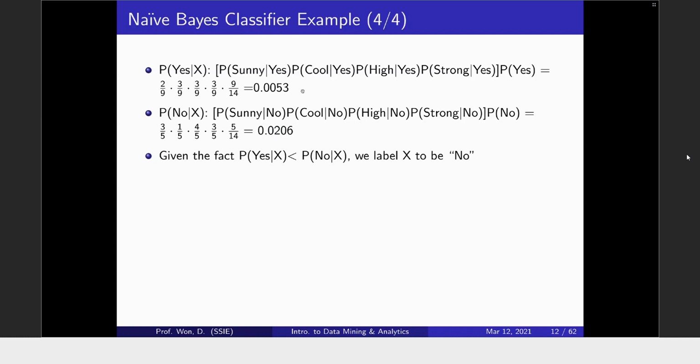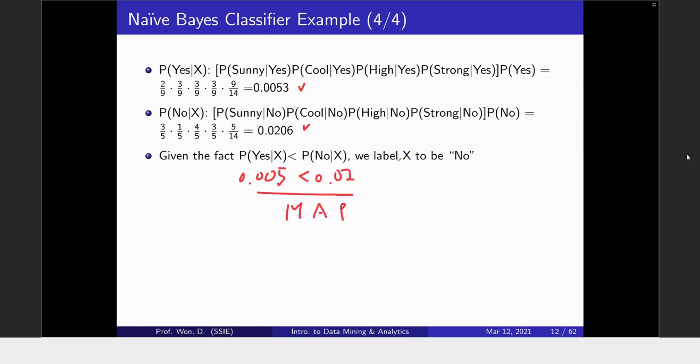Then the next step is we compare those two things, this one and this one, right? 0.005 is definitely smaller than 0.02. Then applying MAP, you can think about it: the second one, so probably no is higher than probably yes.